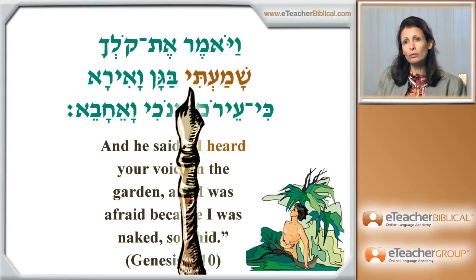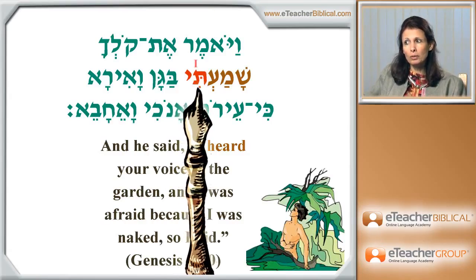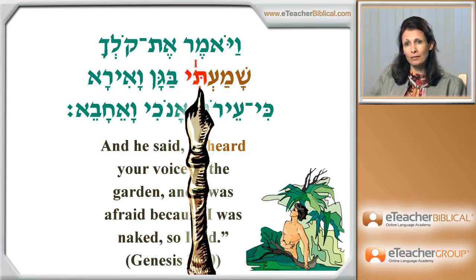So we want to look for two components. We want to look for the notion of the hearing, and we want to look for the component of the subject, I. Again, it is going to appear at the end, in the T suffix. You are going to see that everywhere within katal verbal forms. You're going to look for the suffix for finding your subject.